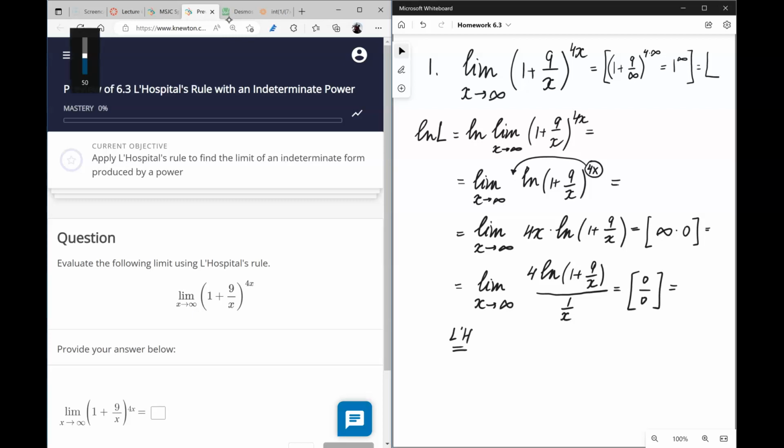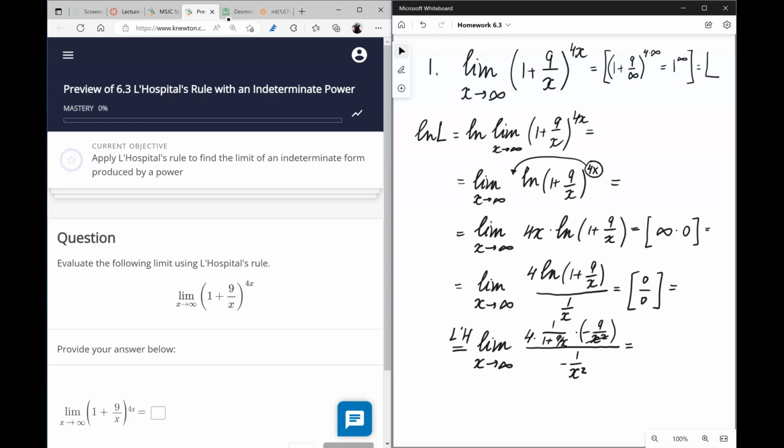So according to L'Hopital's rule, the limit will be the ratio. In the denominator we have -1 over x squared, and in the numerator we have 4 times the reciprocal of 1 plus 9 over x, times the derivative of 1 plus 9 over x, which is -9 over x squared.